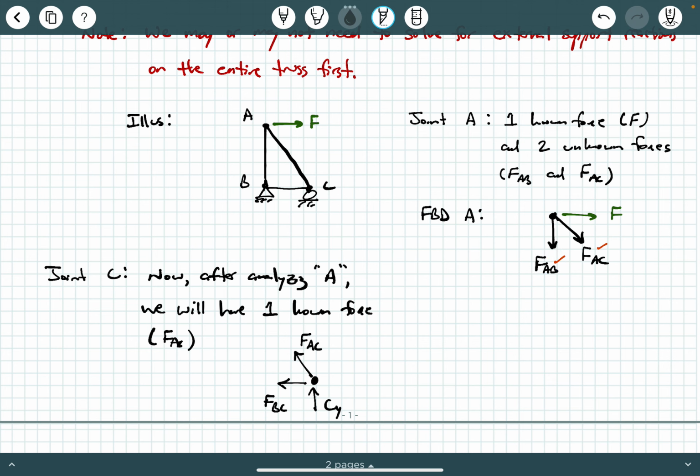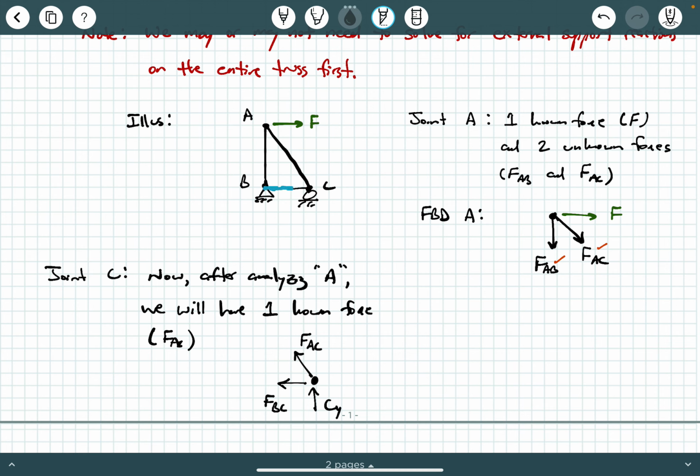What about joint B? What if I had tried to start at joint B first? How many unknowns do we have at joint B at the very beginning? Well, you have four unknowns at joint B, right? Because you don't know FAB, you also don't know FBC, you also don't know BY or BX, okay?